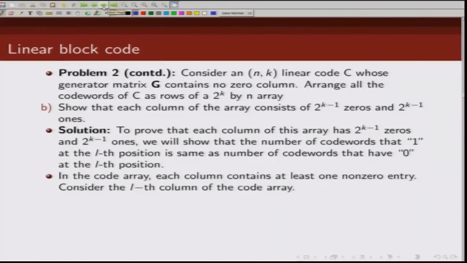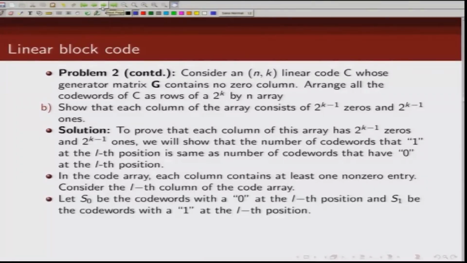So in this code array we know that each column will have at least one non-zero entry, that we proved in the earlier result. So consider the lth column of this code array. Let us denote by S0 the set of code words that have 0 at the lth location, and by S1 the set of code words that have 1 at the lth location.